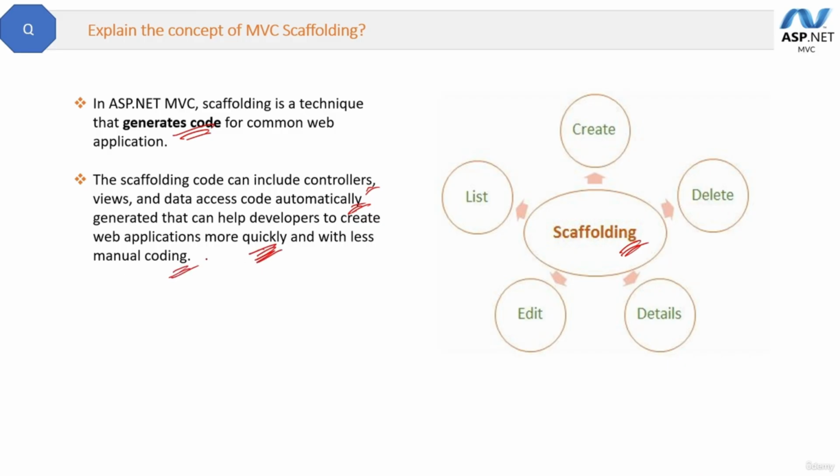Basically, in very short terms, scaffolding is provided by the .NET framework. It's like a tool to generate the code for controllers, views, data access, all things for you in a very short span of time. And that will help you to create web applications in a very short span of time. Great. Now you know the basics of scaffolding, right?